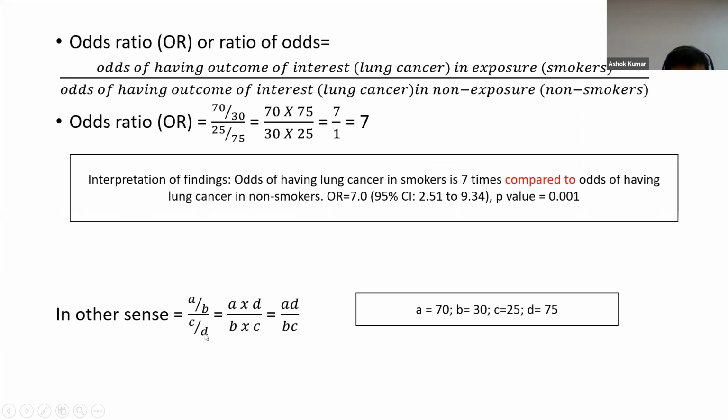Then this is the fourth value, this will go up, A into D. This is the second or third, B multiplied by C will come in the denominator. Then AD divided by BC. So this is the odds ratio, AD divided by BC. If you have a 2 by 2 table, you can get it using this formula. No need to remember all these things. If you understand these things, then you just use this formula for odds ratio.